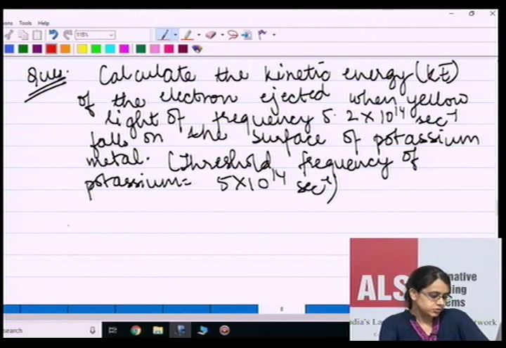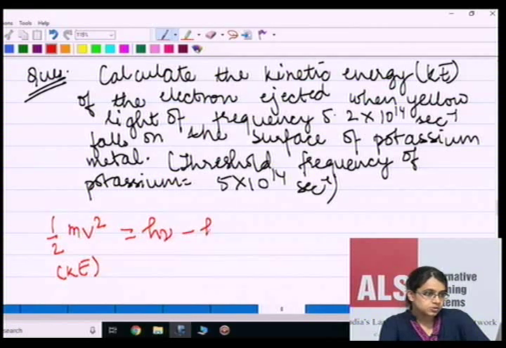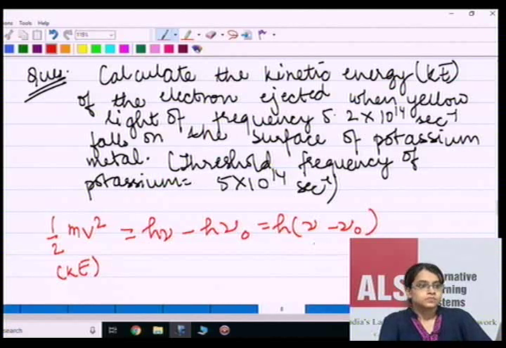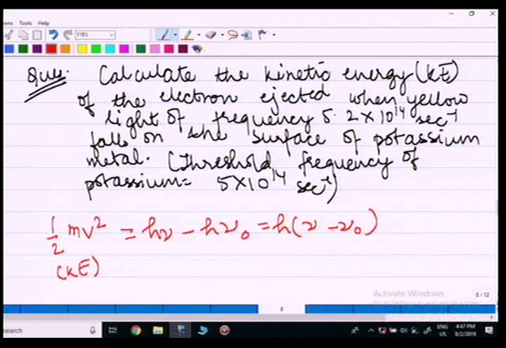Okay, students, just to give you a hint, the formula we're going to use here is kinetic energy, which is actually nothing but half m v square, equals h nu minus h nu naught, where nu naught is the threshold frequency. Okay, we have Kohima also answering, which is also correct. Perfect. Christukula, we're only waiting for you now.